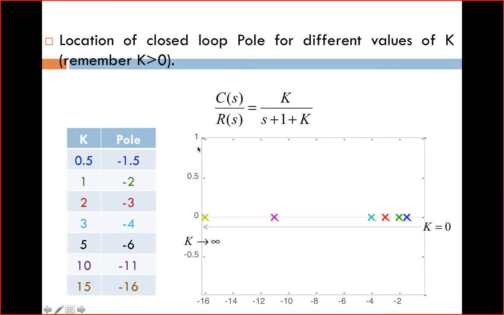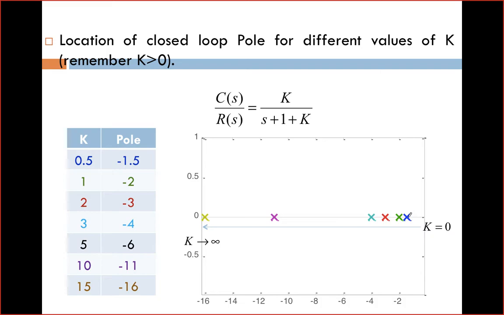So I am going back to the previous slide. Here, path of the roots traced, in the sense the roots for different values of k. You are going to substitute different values of k, and we are going to find the path of the roots.